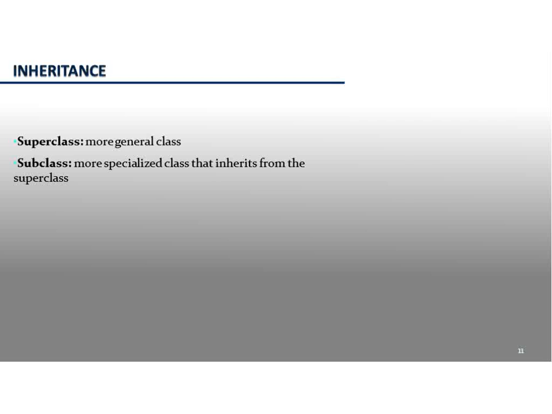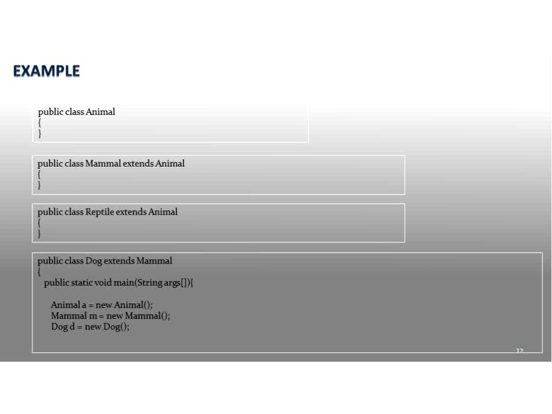Now next is inheritance. In inheritance, we have a superclass, which is a more general class, and a subclass, which is a more specialized class that inherits from the superclass. See this example. We have a class called animal, which is the parent class. Then we have a child class called mammal, a child class called reptile, and another child class called dog.